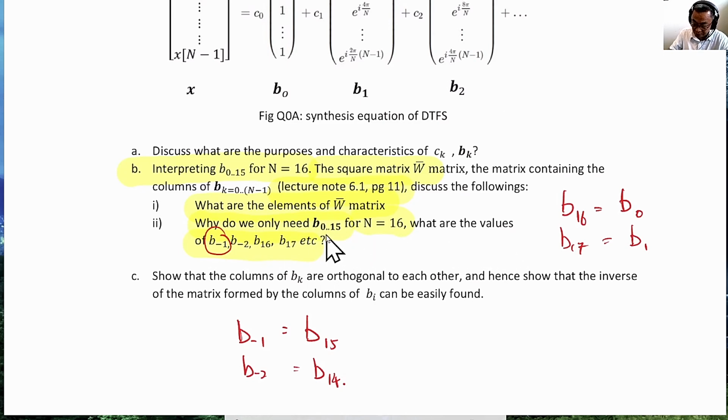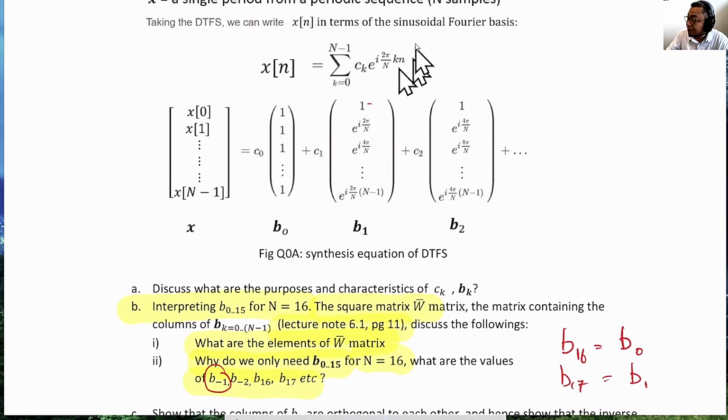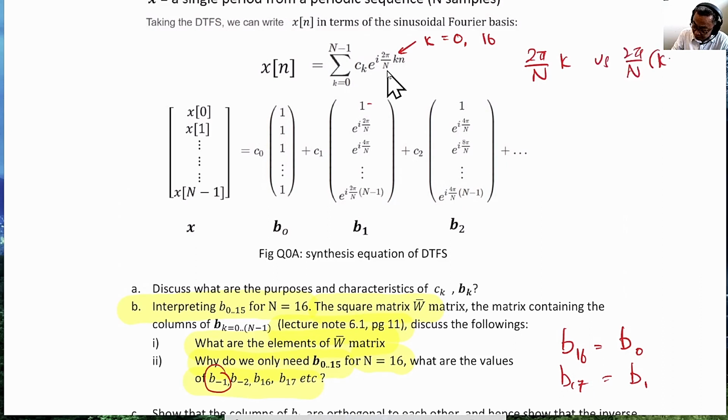into this equation over here, where you are changing k. You set k equals to 0 versus k equals to 16. Let's see what happened. 2 pi over n k versus 2 pi over n times k plus 16, and let n equals to 16 in this example.